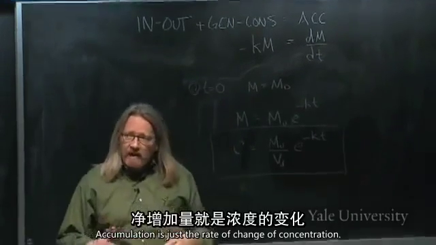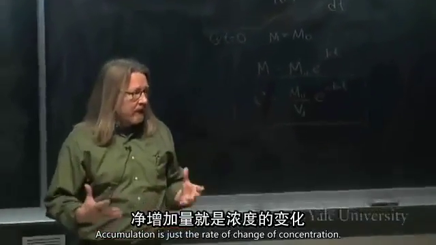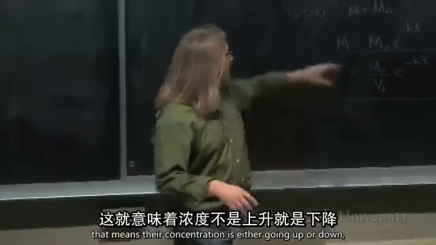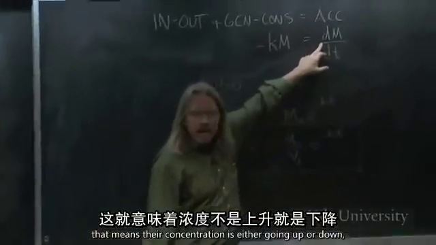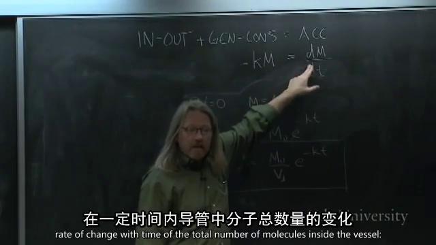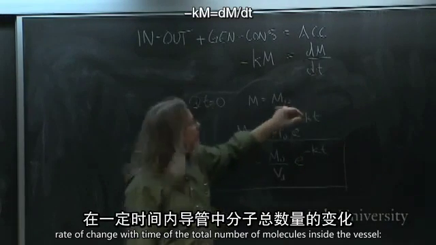And accumulation is just the rate of change of concentration. If molecules are accumulating inside the vessel, that means their concentration is either going up or down. And so accumulation is the rate of change with time of the total number of molecules inside the vessel.